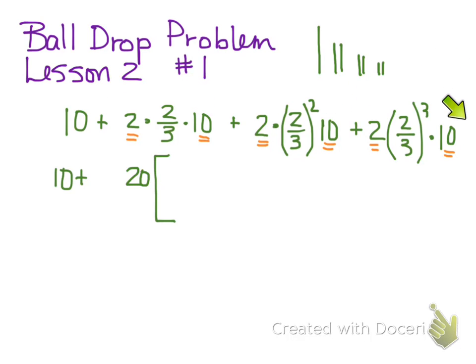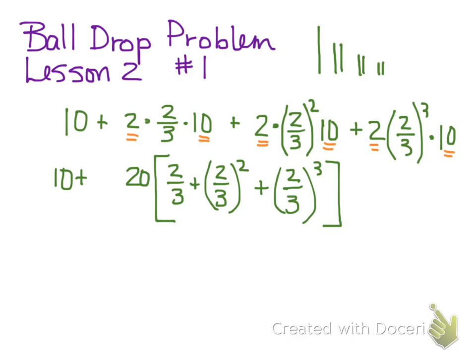So each of these has a factor of 20 in it. So I'm going to take that 20 out and then think about what's left in the parentheses. Well, if I take the 2 and the 10 out here, the only thing left is the 2/3 right here. So I've got the 2/3 plus, and then in this term, I've got the 2 times the 10 and the 2/3 squared. So I've got 2/3 squared and 2/3 cubed.